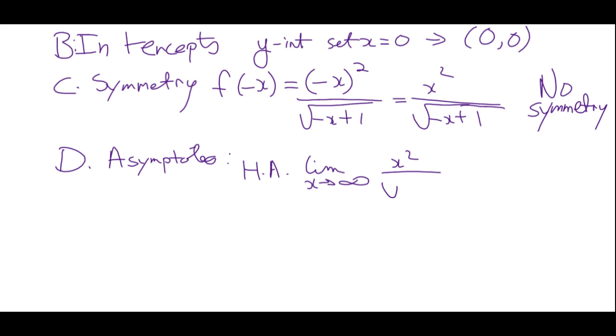Of x squared over the root of x plus 1 equals, well, it's going to be really big, and this will be somewhat smaller, so it's just going to be infinity. So there's no horizontal asymptote. Okay, no horizontal asymptote. Because this doesn't go to 0, right? It just gets big, but not quite as big as that gets big. Good.